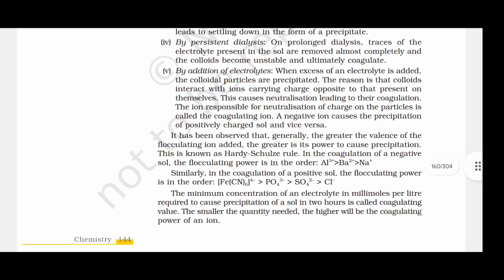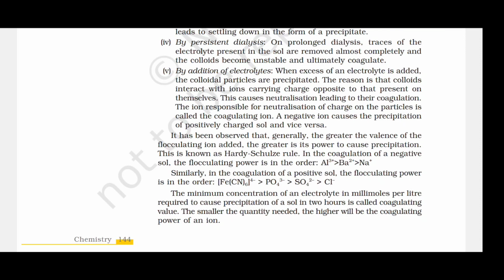It has been observed that generally the greater the valency of a flocculating ion added, the greater is its power to cause precipitation. This is known as the Hardy-Schulze rule. In the coagulation of a negative sol, the flocculating power is in the order Al3+ > Ba2+ > Na+.